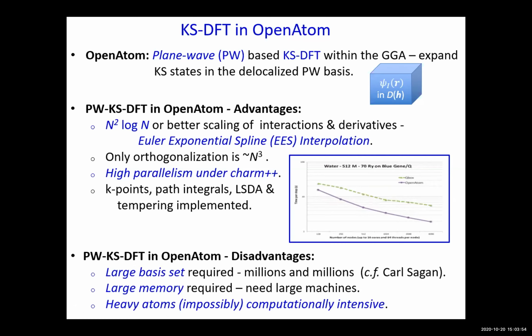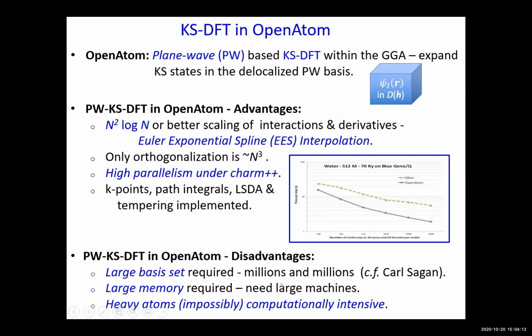So the disadvantage I hinted at is that plane waves really don't know about the atoms. They're simply delocalized waves in which we expand the electronic state. You require a very, very large basis and very large memory.